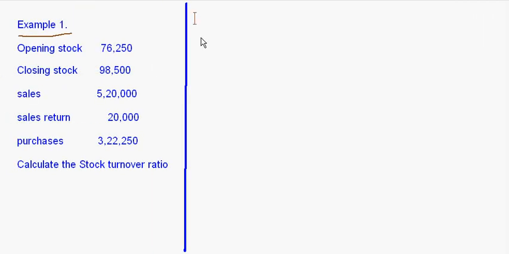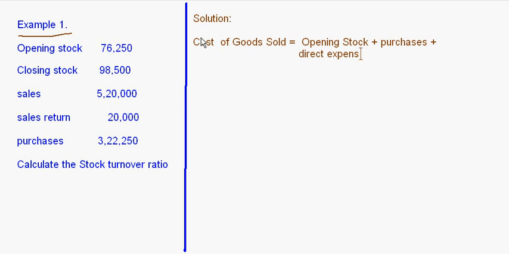Okay, now let us do it over here. First of all, I have to find out the cost of goods sold. Now, what is the formula for cost of goods sold? It is opening stock plus purchases plus direct expenses minus closing stock, right.